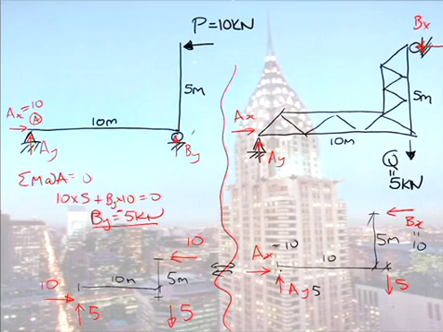If you don't believe me, once again we could take moments at A. So over here, taking moments at A, I have 5 kilonewtons times 10 metres. It's going clockwise, so it's minus. And the way I've drawn BX is plus, so I have plus BX times 5 metres. So BX works out to be 10 kilonewtons.